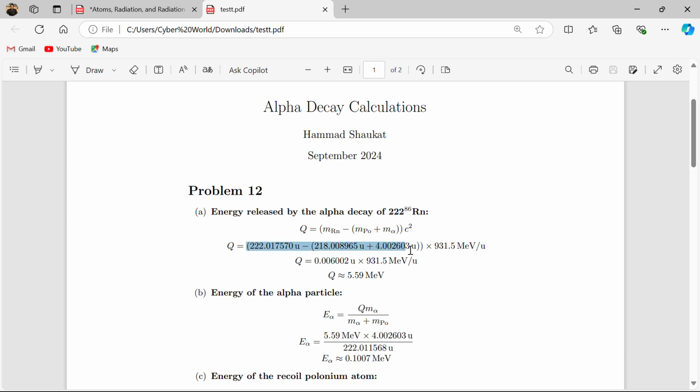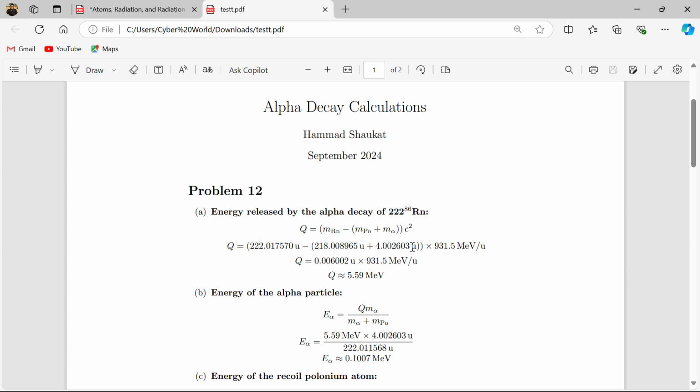The masses of all these are always given to you, so don't worry about that. The mass of the radon atom in AMU and the mass of polonium should be given. The mass of the alpha particle is 4.0026 AMU. To convert AMU into mega electron volts, you multiply by c squared, which is 931.5 MeV per u.